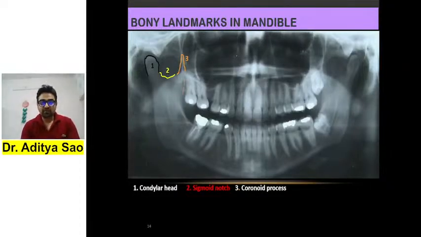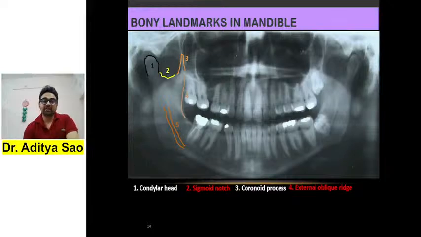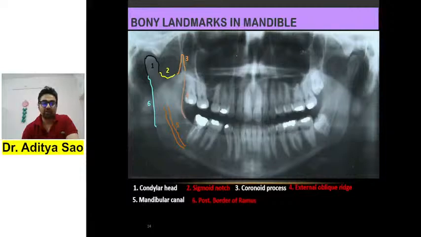Number 4, this area is your external oblique ridge. Number 5 is very important, mandibular or inferior alveolar canal. Number 6 is the ascending border or the posterior border of ramus. Number 7 is your gonial angle, again very important.